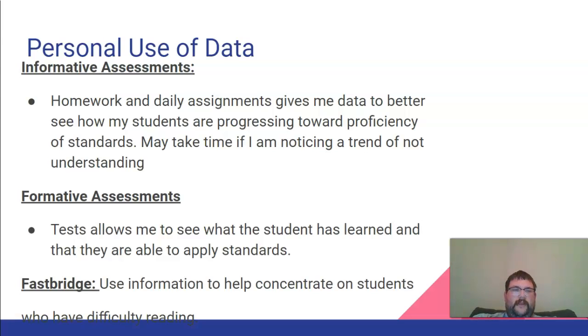With the FastBridge information, there still is some information that I get from that that helps me out, especially with my really low readers. I can pinpoint certain areas within my instruction to help those students that are struggling, or I can help them get into a reading class. But like I said, it really doesn't give me any information for any of my middle to top end students.